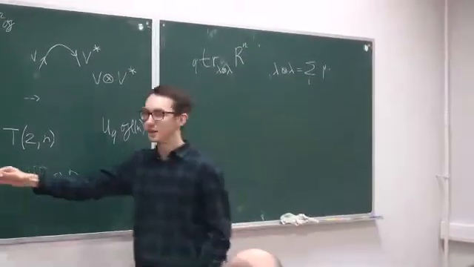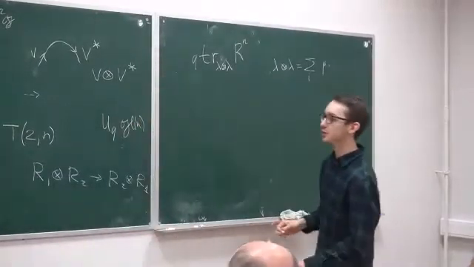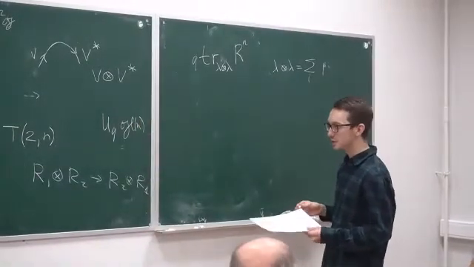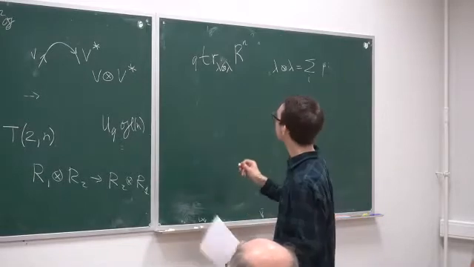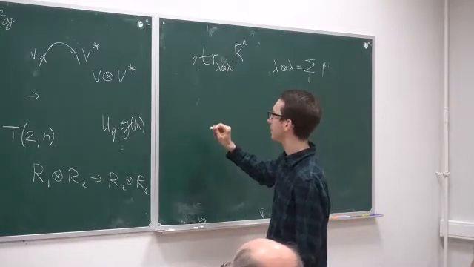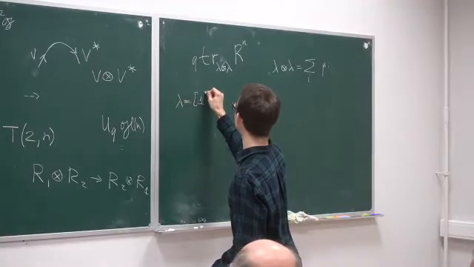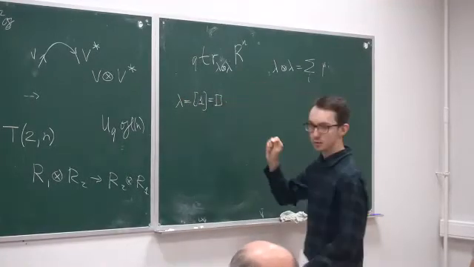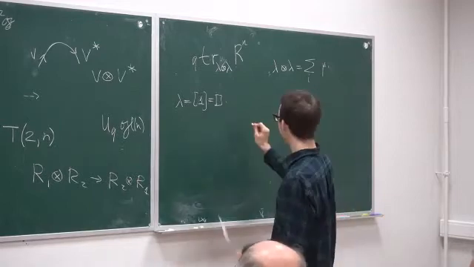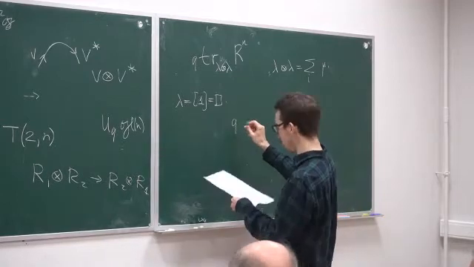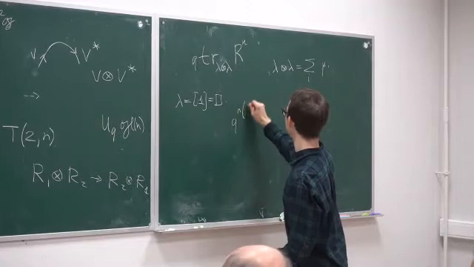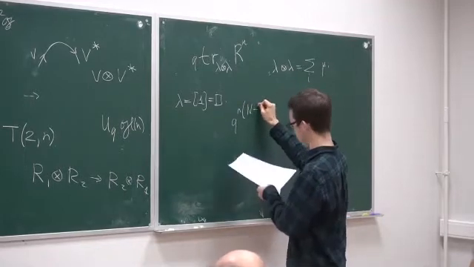So for this simple example, it is enough to know just its eigenvalues. And for example, for the fundamental representation, the defining single box representation, we get a polynomial due to n and capital N.